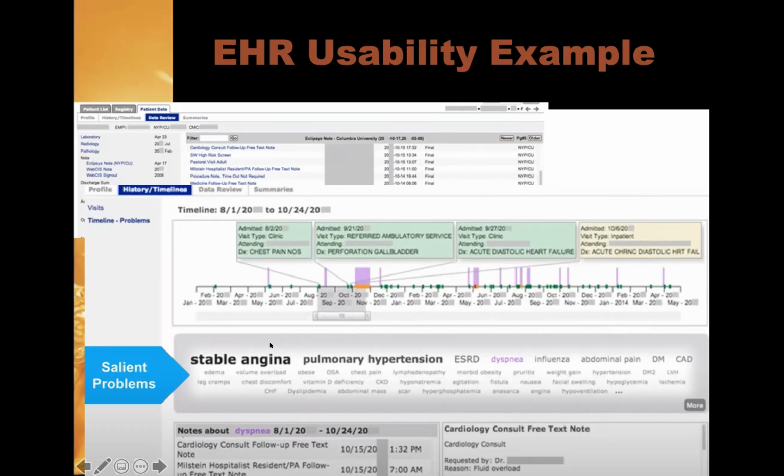So for example, like a word cloud, the more bold and larger the terminology, the more frequently that term was used. And then the highlighted dyspnea was what was searched on. So she took all of that narrative in those notes and was able to extract it and present it in such a way that the clinician looking at that patient's longitudinal record is able to glean information more easily than trying to go through every single note that was ever done on that patient over a period of time.